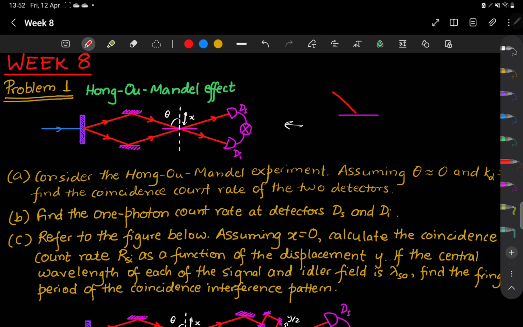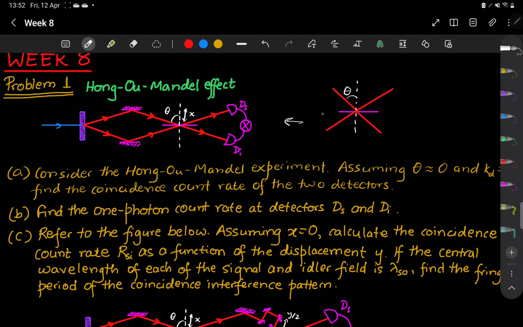So the signal is coming and it is getting reflected, idler is coming and it is getting reflected, and this is the balance position, and this is angle theta. This is at x equals 0.